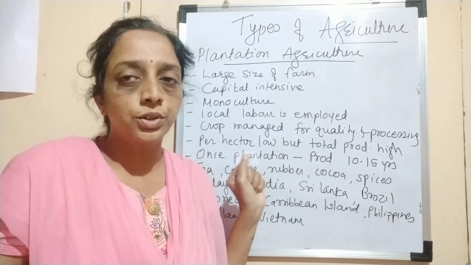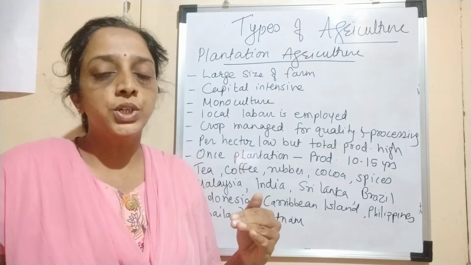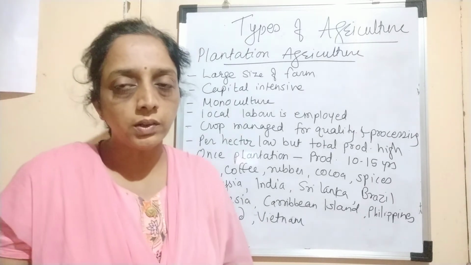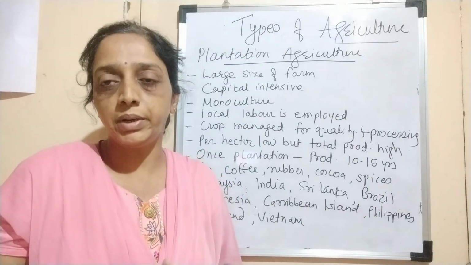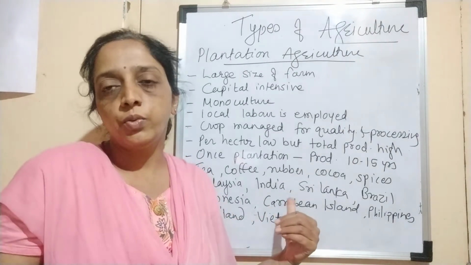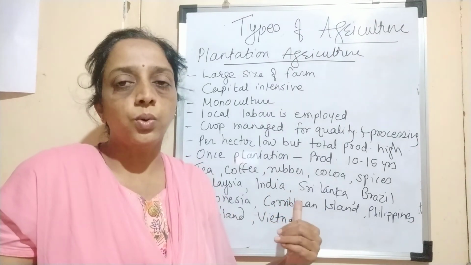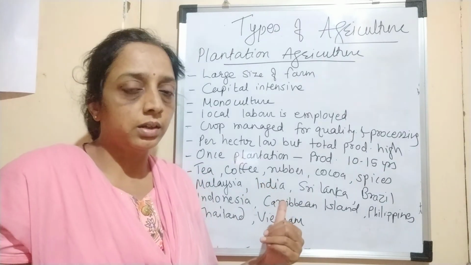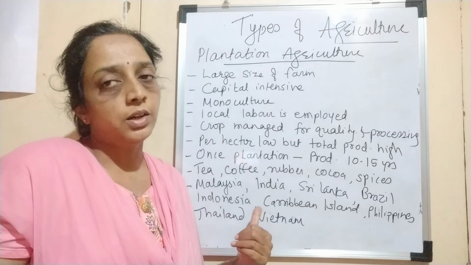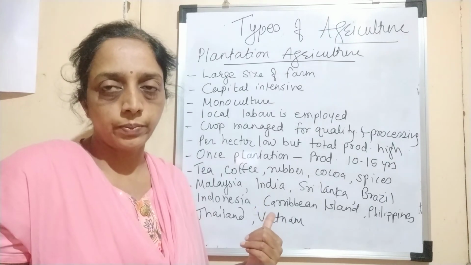What is the location of these areas? The location is tropical regions. In tropical regions, a humid climate is there, and a humid climate is required for these crops. So these crops are taken in these areas which are in tropical regions.